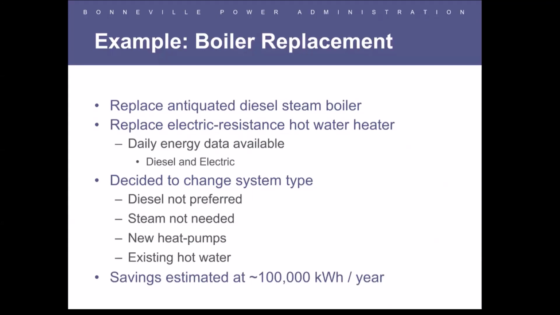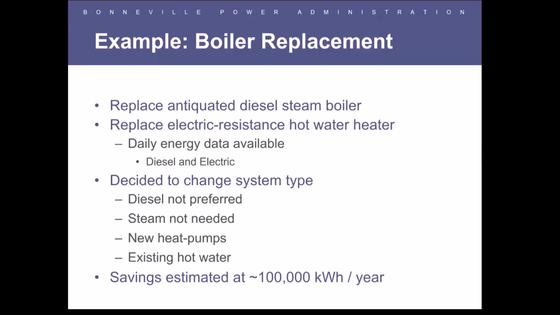They are also going to replace a domestic hot water heater with a heat pump water heater. They have daily energy data available, both their diesel fuel on a daily consumption and their electric consumption on a daily basis. And they've decided to change system types.